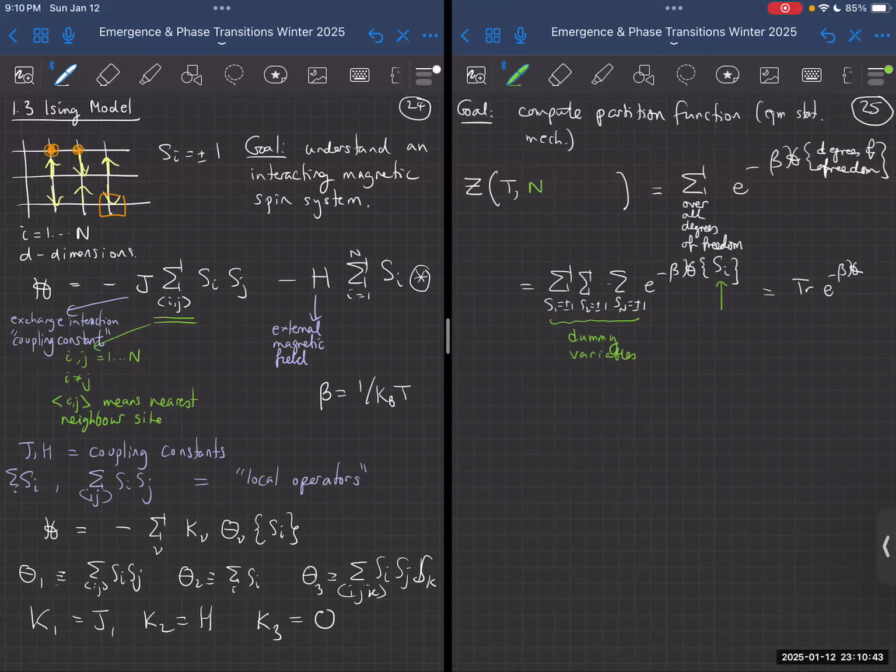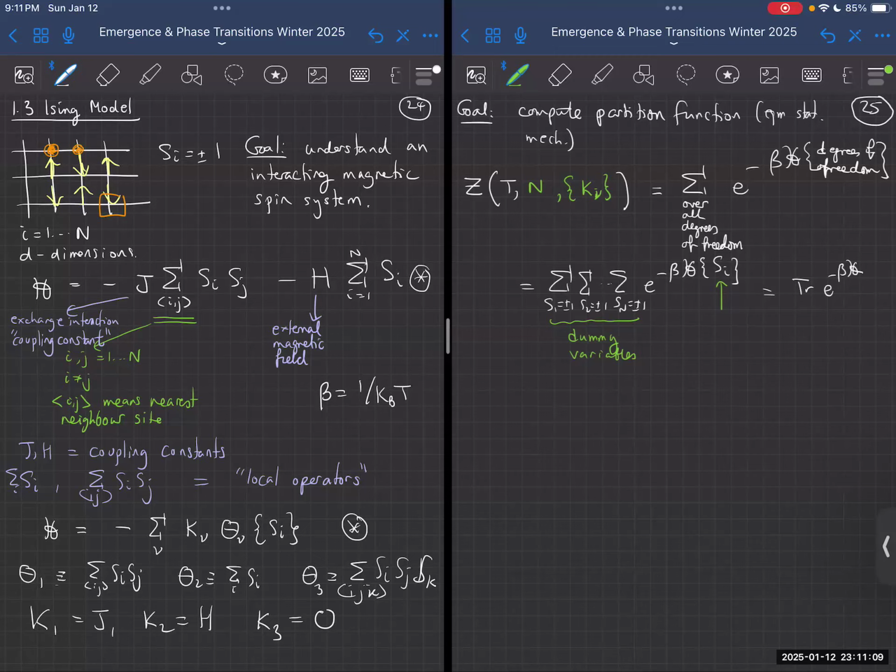And the Hamiltonian is written in terms of all these coupling constants over here on the left-hand side, the K's. So the partition function will depend on all the coupling constants. Let's call them K_nu just to be consistent. And so the partition function is a function of those coupling constants, like so.